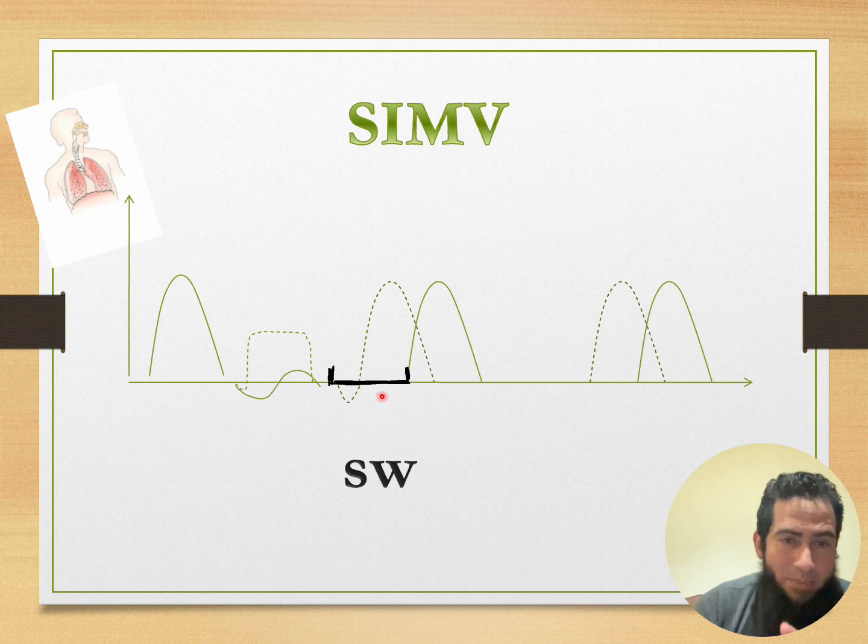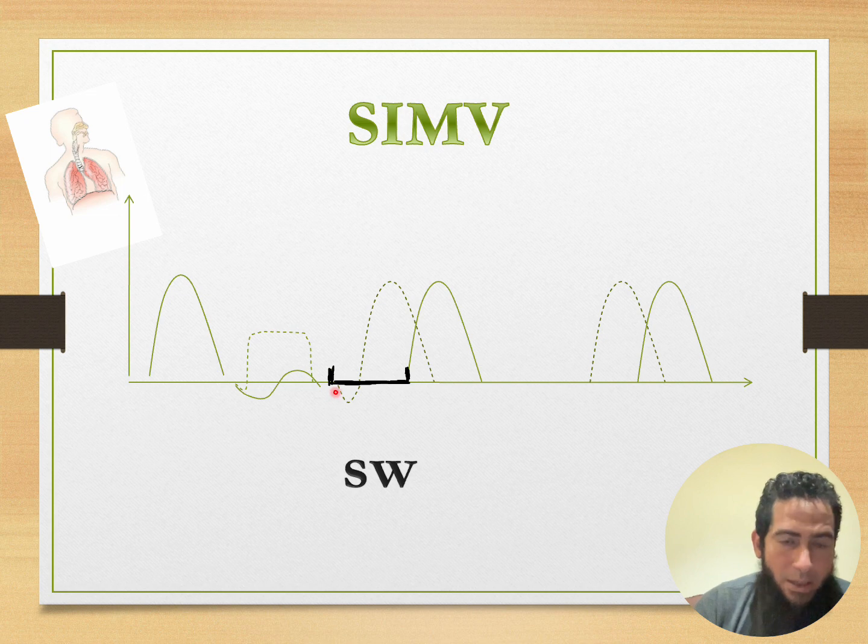So again, SIMV is the same as IMV, and the patient is allowed to take breaths in between. But to avoid air trapping, if the patient is taking a breath here and before breathing out, it's time for the next mandatory breath, the later part of the interval is called the synchronization window.